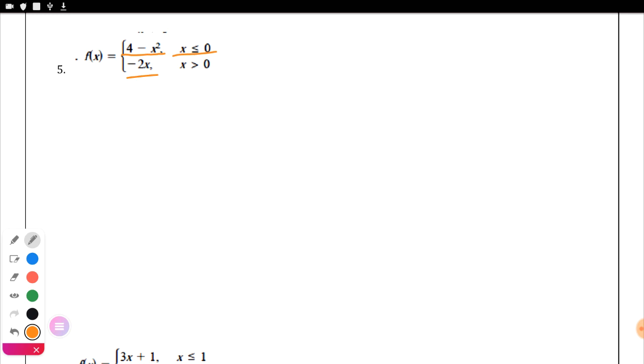So what is the first step? As usual, find the derivative. How to find the derivative for each rule? It will be negative 2x where x is less than or equal to 0, and negative 2 where x is greater than 0.